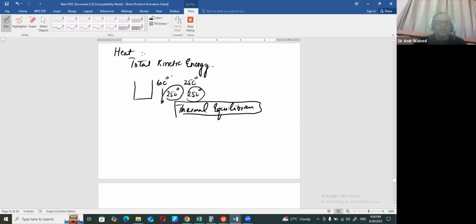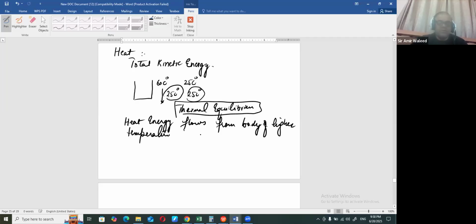So technically speaking, when one body has a higher temperature and the other a lower temperature, heat energy will flow from the body of higher temperature to the body of lower temperature.